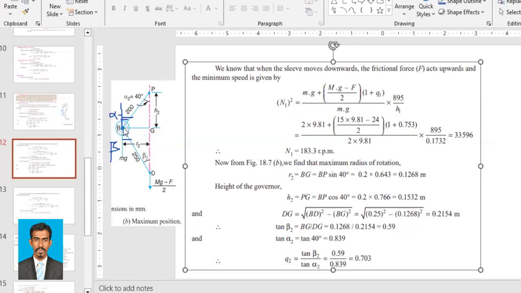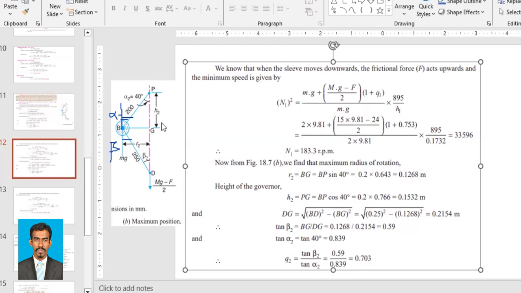BG is equal to BP sin alpha, H2 is BP cos alpha. So we know BG is BP sin alpha and PG is BP cos alpha. So R2 is equal to 200 into sin 40. 200 millimeters, when we convert it, is 0.2 meter, 0.2 meter into sin 40, that is 0.643. When I solve it, it is 0.1268 meter.